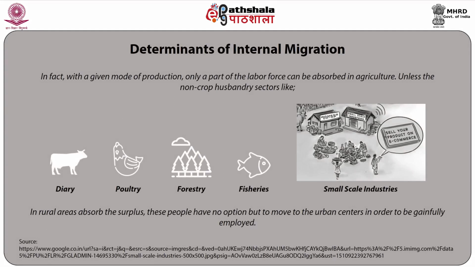In fact, with a given mode of production, only a part of the labor force can be absorbed in agriculture, unless the non-crop husbandry sectors like dairying, poultry, forestry and fisheries, and cottage and small-scale industries in rural areas absorb the surplus. These people have no option but to move to the urban centers in order to be gainfully employed.